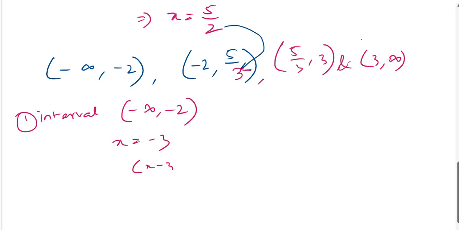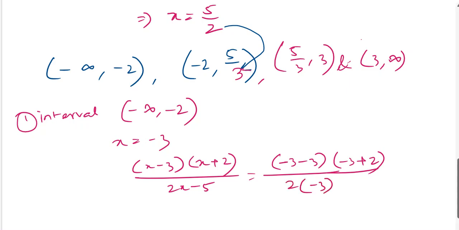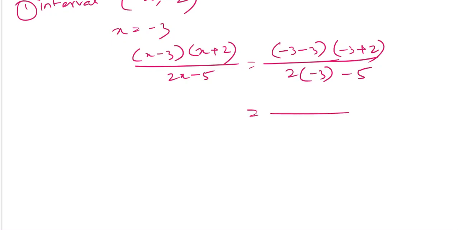Then (x minus 3)(x plus 2) divided by (2x minus 5) is: minus 3 minus 3, and minus 3 plus 2, divided by 2 into minus 3 minus 5, that is minus 6 into minus 1 divided by minus 6 minus 5.